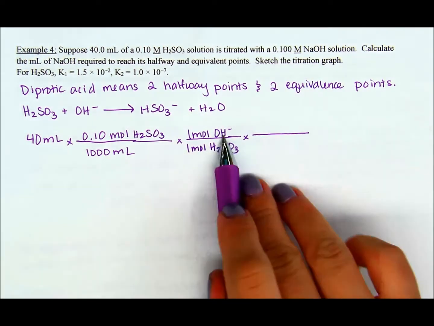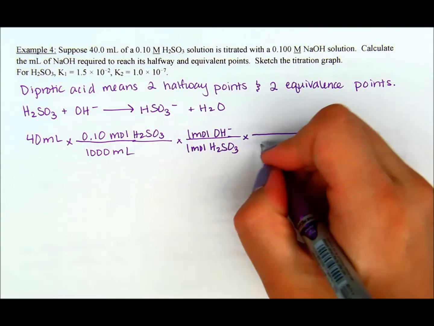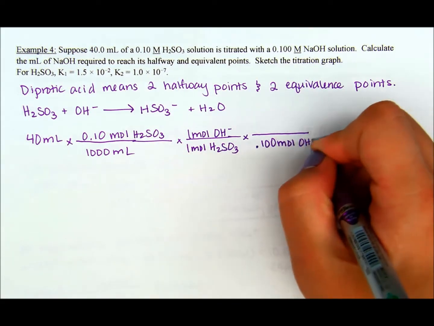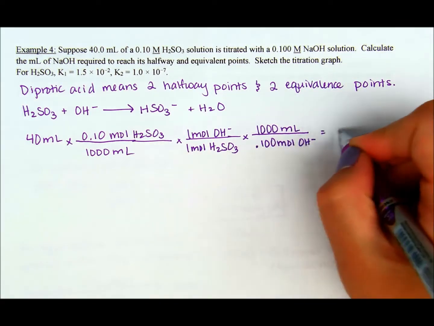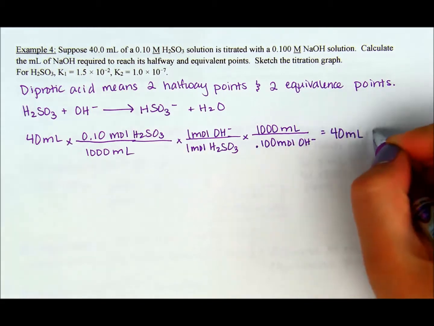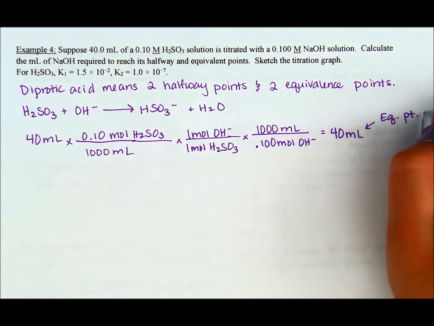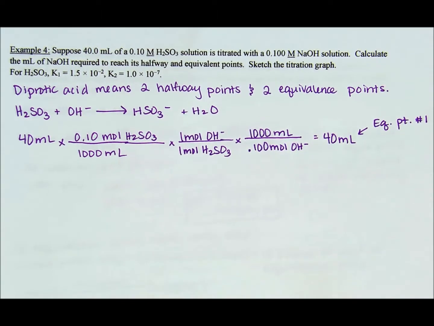I have my molarity of my hydroxide, 0.1 molar. And I get 40 milliliters. And this is equivalence point number 1.